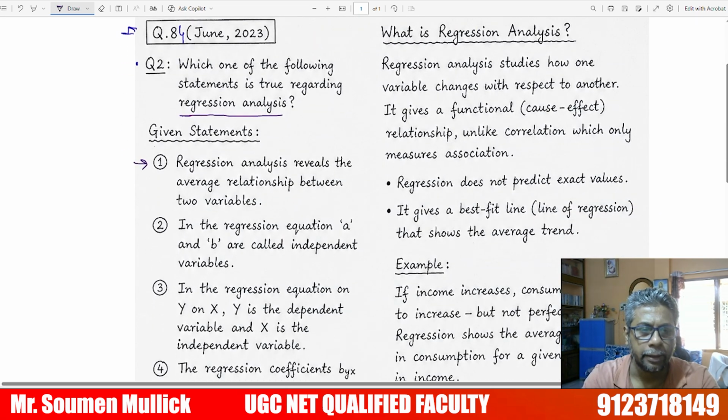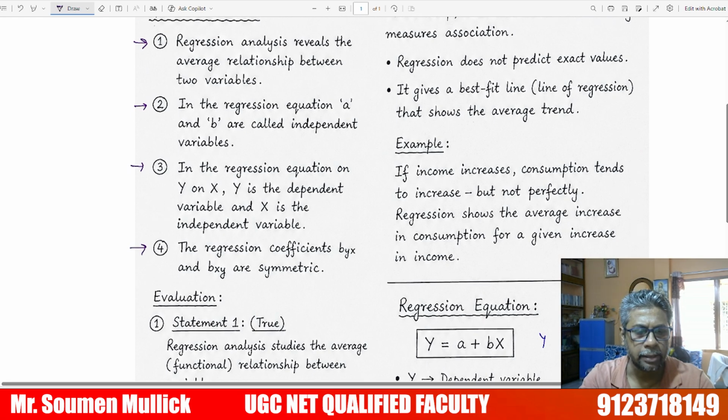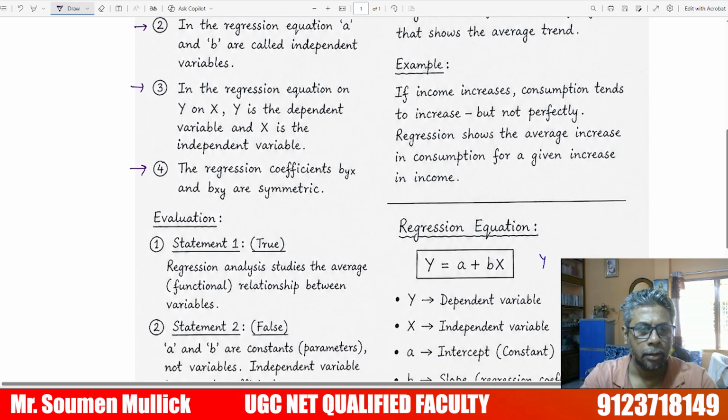Statement 1, regression analysis reveals the average relationship between two variables. Statement 2, in the regression equation, A and B are called independent variables. Statement 3, in the regression equation of y on x, y is the dependent variable and x is the independent variable. And fourth, the regression coefficients byx and bxy are symmetric.